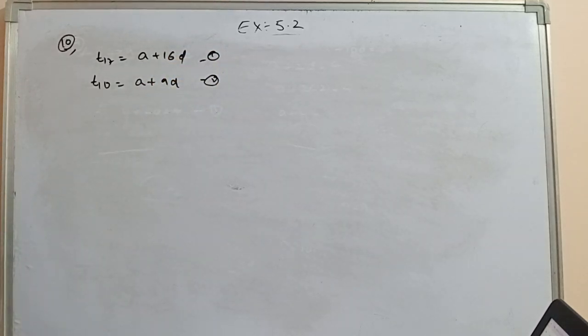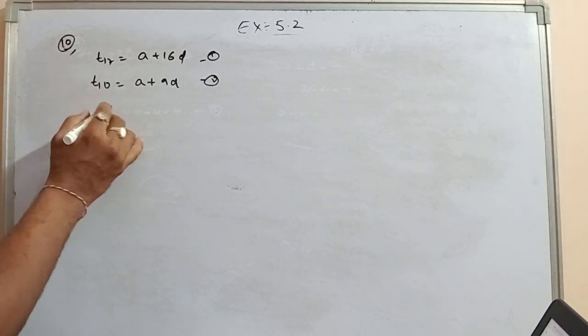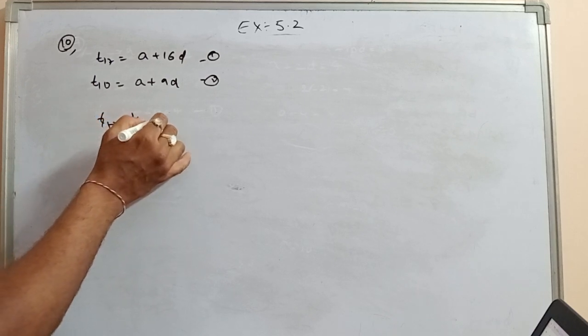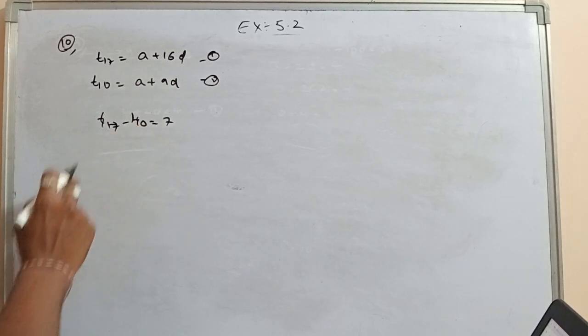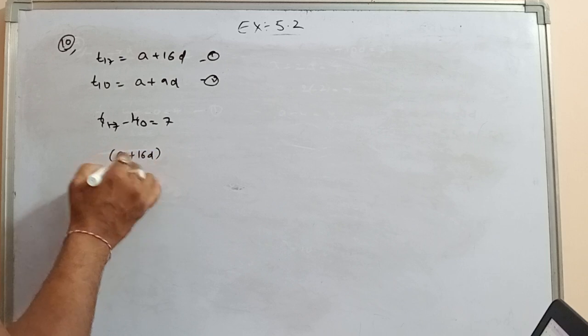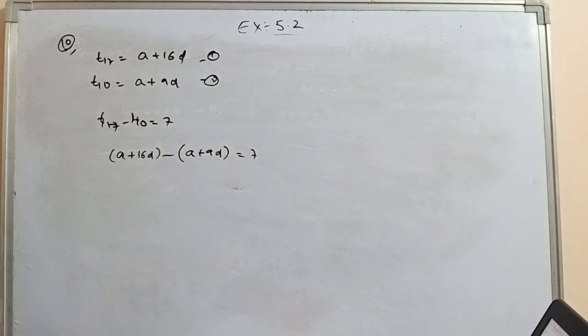So here we know that T17 minus T10 exceeds by 7, so it is equal to 7. So a plus 16d minus a plus 9d is equals to 7, right? So this exceeds this in the given question.